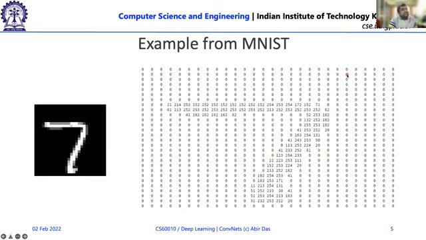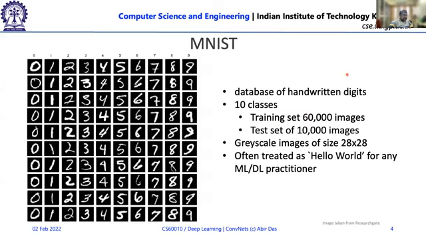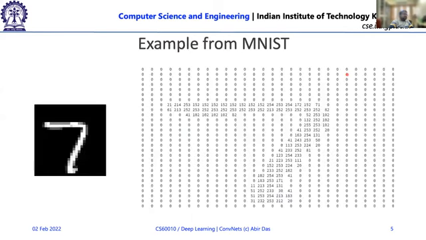Now let us go ahead. This is one example from MNIST. You have seen some data from MNIST in the previous slide. This is just one of those 6,000 or 7,000 sevens that you have in MNIST. And these are the intensity values, just 28 columns and 28 rows, the 784 intensity values.